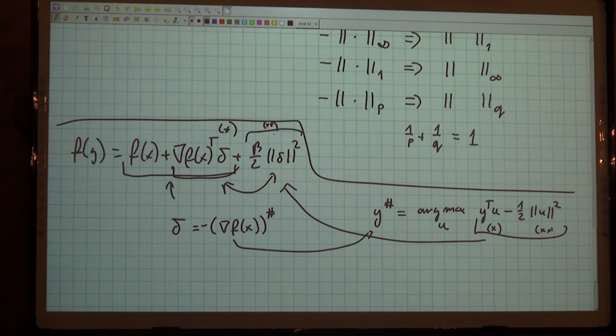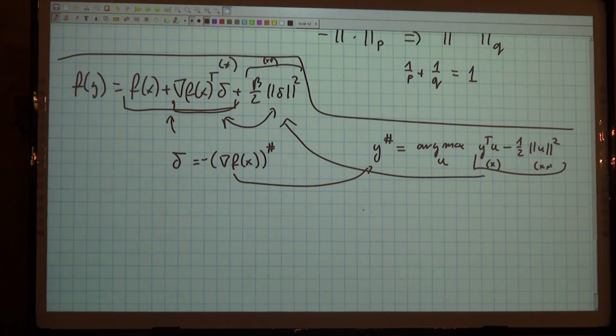Okay, so this is just an operation, and now if my norm is the L2 norm, so if I measure things in L2 norm, then if you do the computation, this operator is just the identity. In this case, the best thing to do is just take the same vector and apply it.